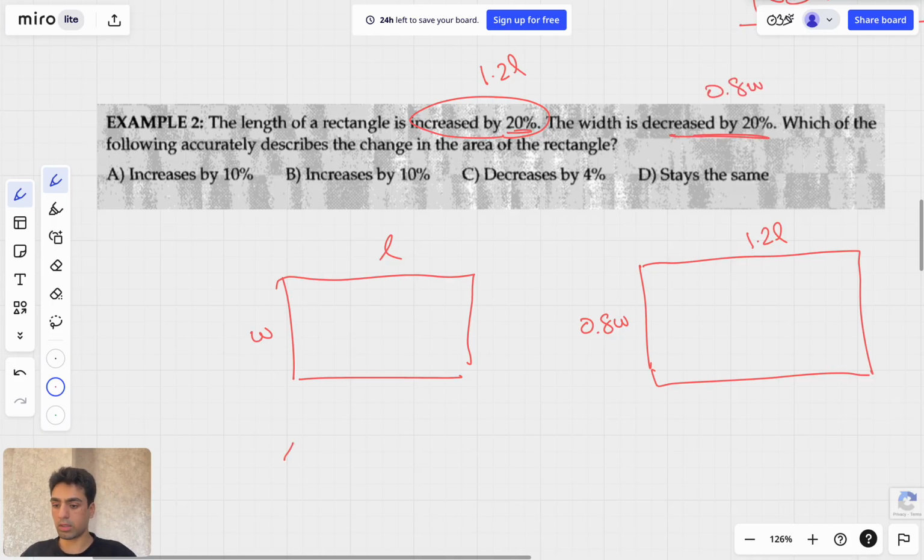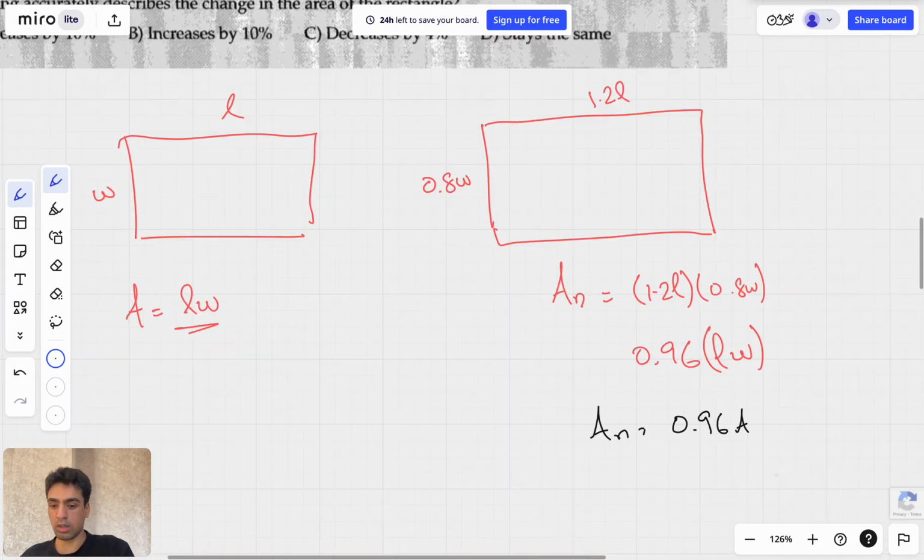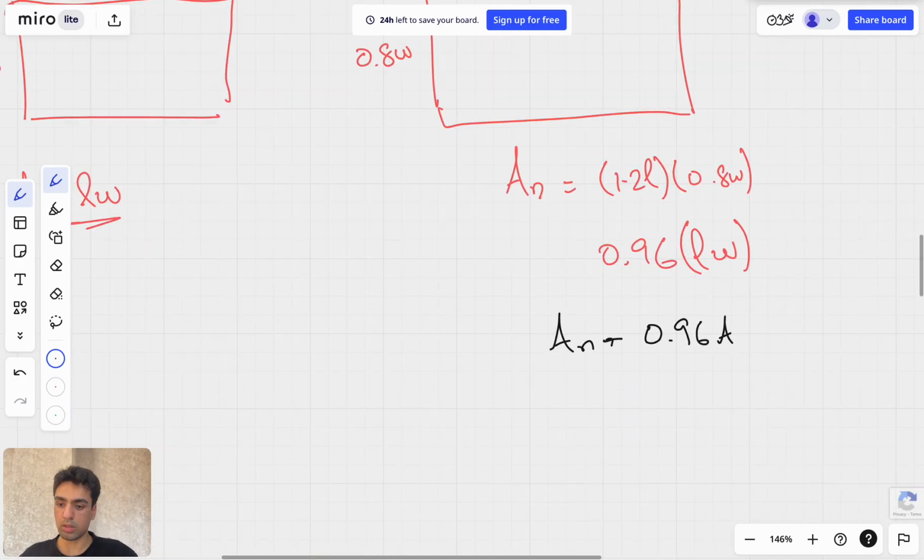So the area is going to be LW for the original. For the new one, it's the length times the width, so 1.2 L multiplied by 0.8 W. 1.2 times 0.8 is 0.96 LW, and this LW represents the original, which means you can write this as the new area is equal to 0.96 times the old area, which means the new area is 4% less than the original.